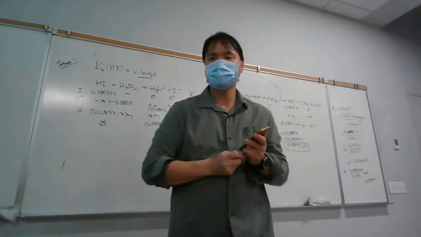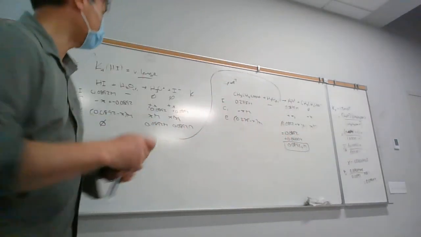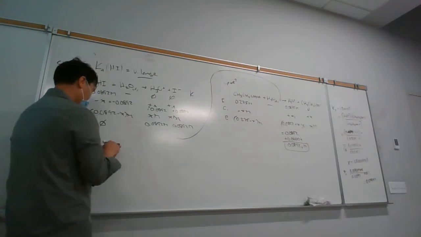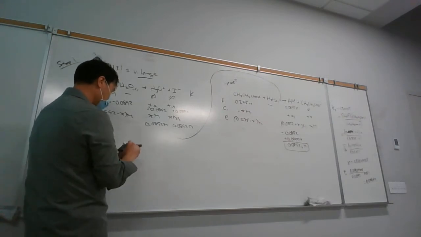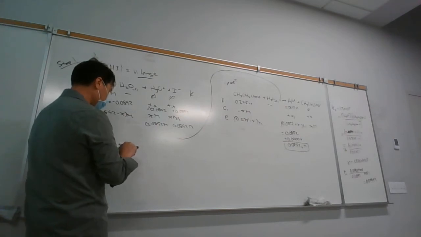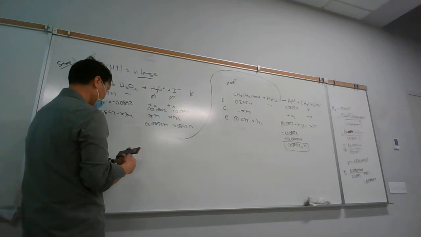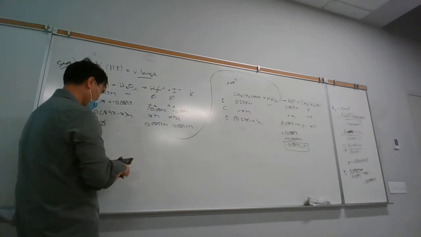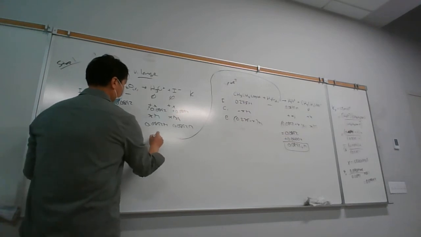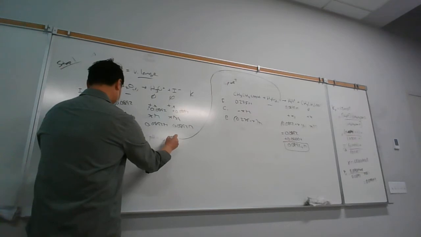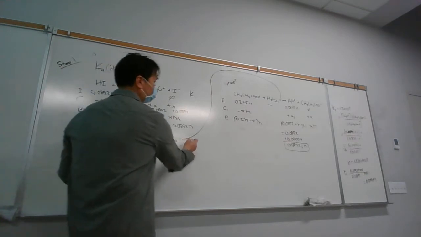If I stopped at step 1, the pH I would have calculated is based on this. So the pH would be the negative log of 0.0892, which is 1.049. If I stopped here, I would have gotten a pH of 1.0496, etc.